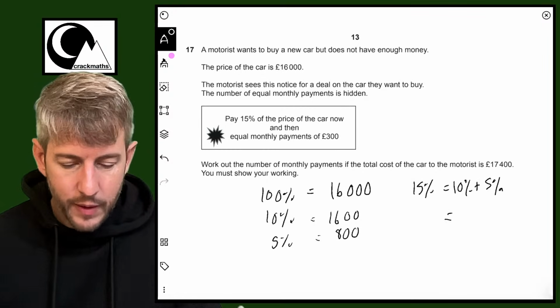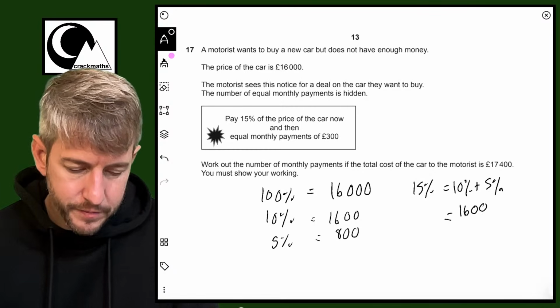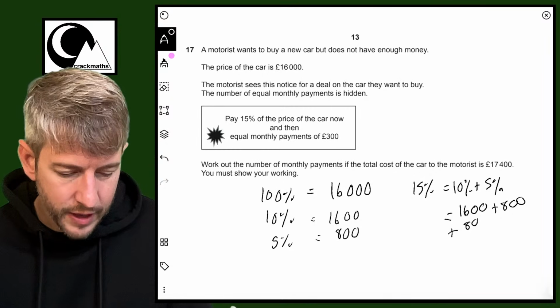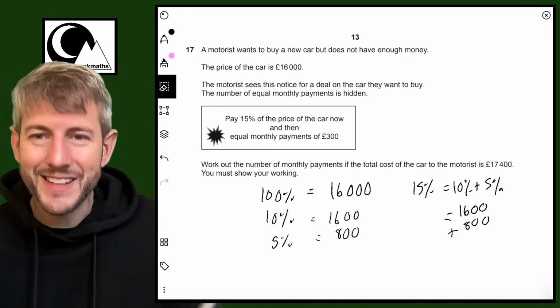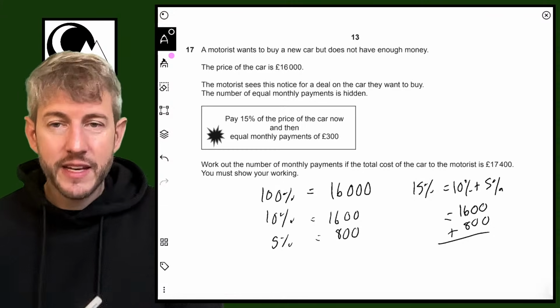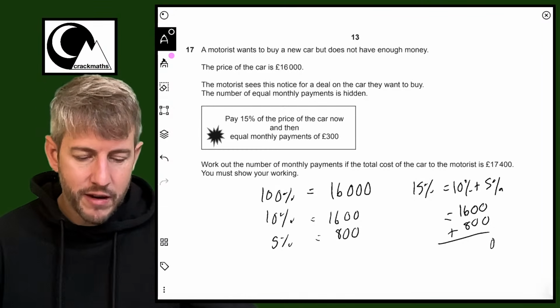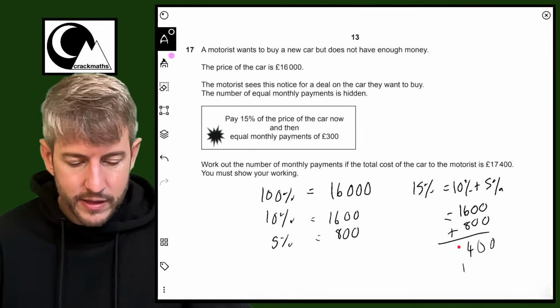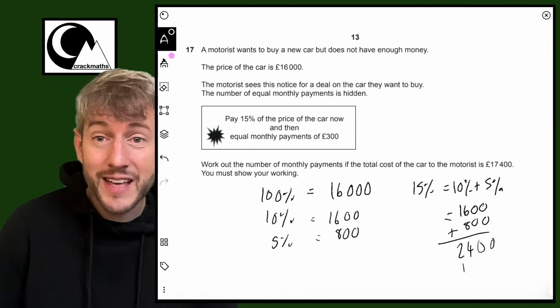Okay, so that's going to be 1,600 add 800. I'm actually going to write that underneath like this because that's an easier way to add these things. So 1,600 add 800, we've got 0, 0, 0, 0, 0, 0. 6 add 8 is 14. Okay, 2,400. So that's how much he's paid so far.